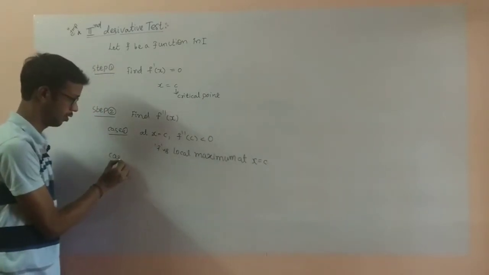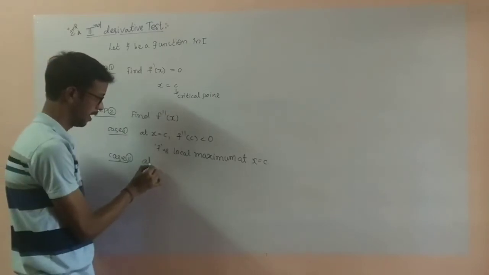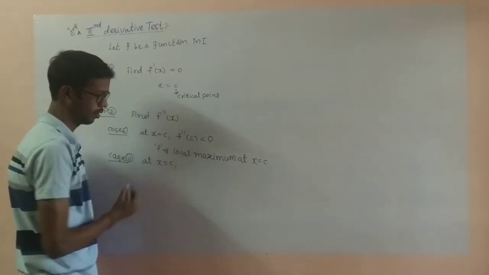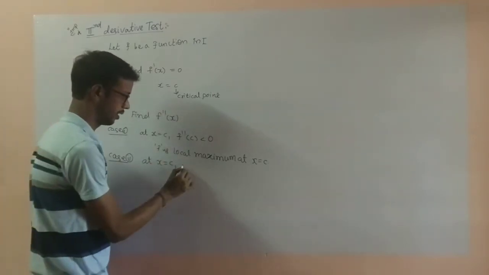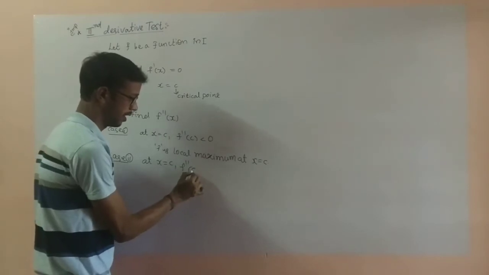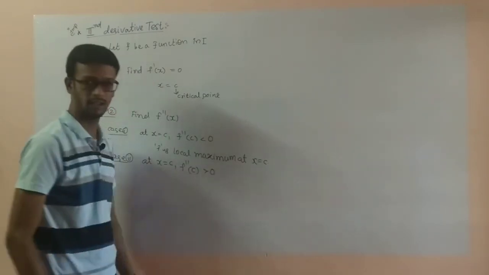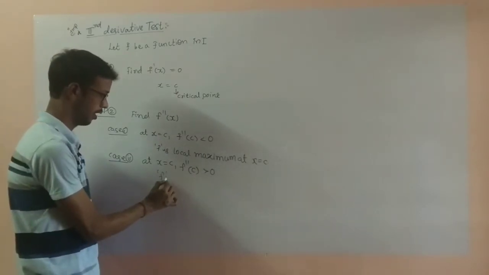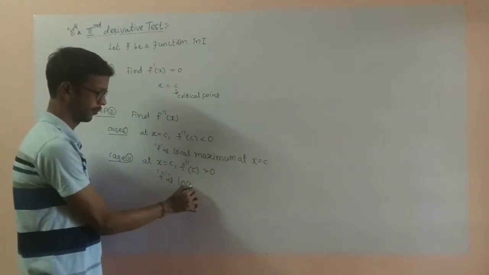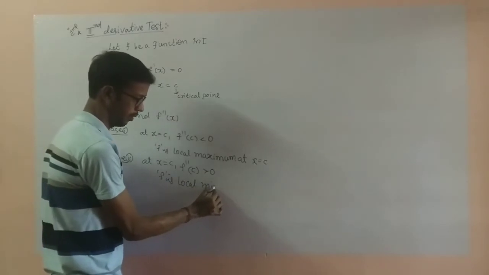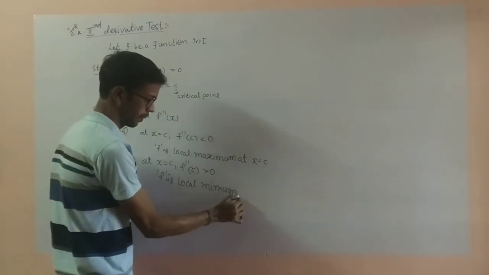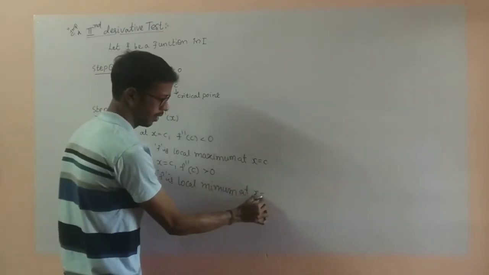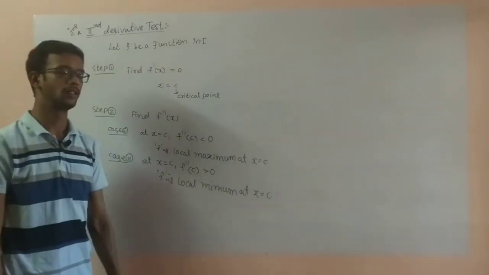Next, case 2. At x equal to c, if f double dash of c is greater than 0, then f has a local minimum at x equal to c.